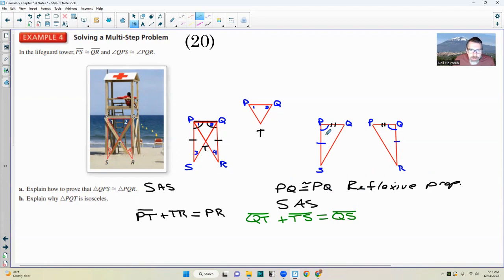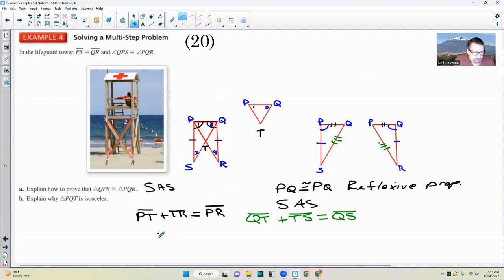Well, over here, these two triangles are congruent because of the side angle side theorem. So that means QS is congruent to PR. Okay. So here's PR. I forgot my line over top. Here's PR, and here's QS. So these two are congruent.